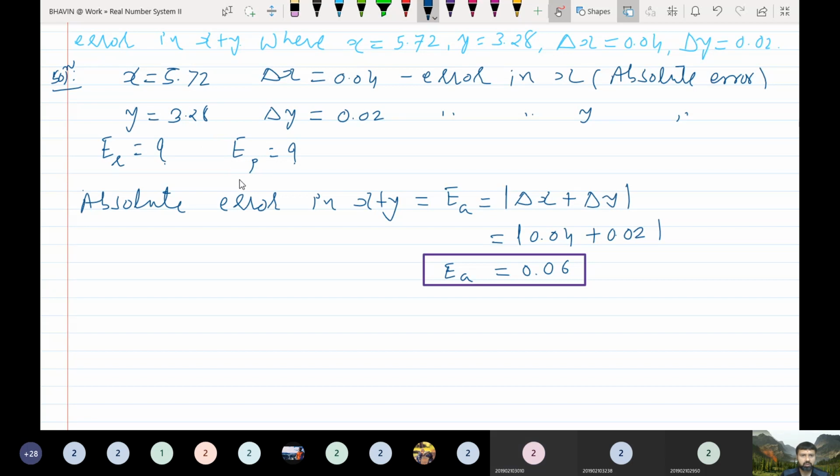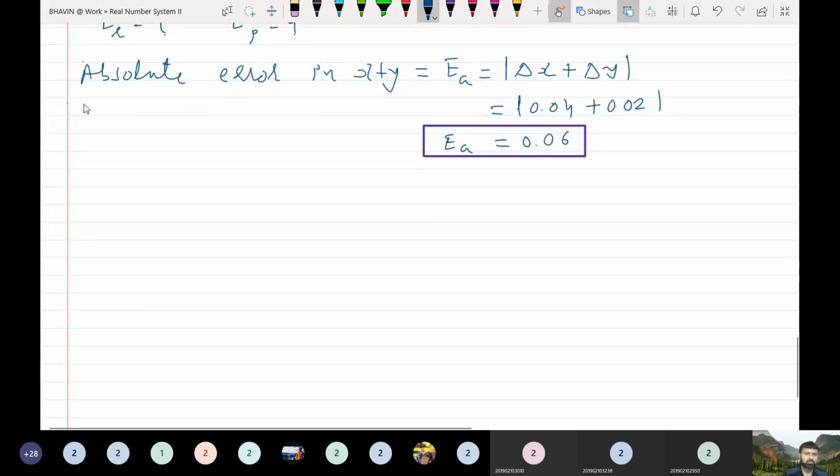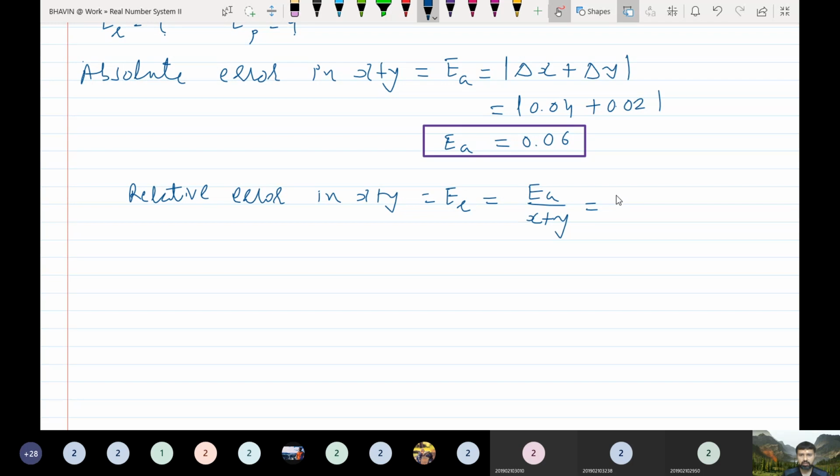Now let's find out relative error. We want to find out relative error in x plus y. It is denoted by ER, and ER is equal to, what is the formula? EA upon its true value. True value means x plus y.